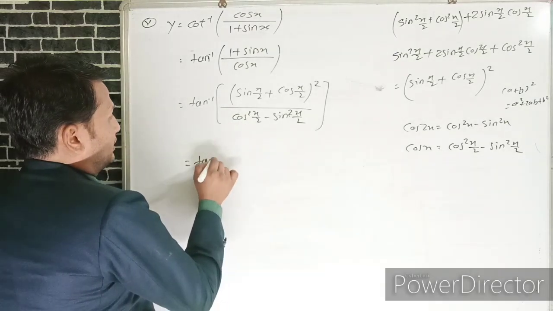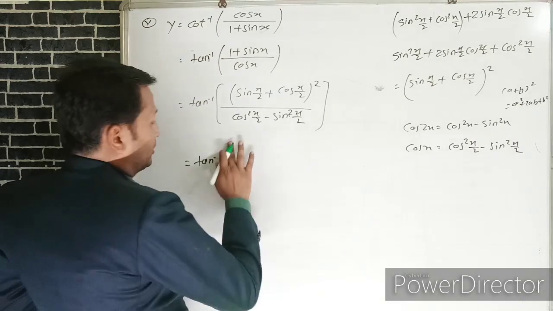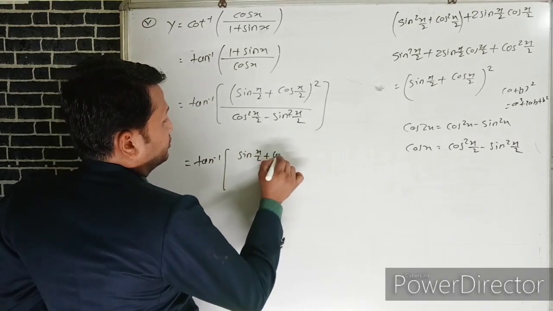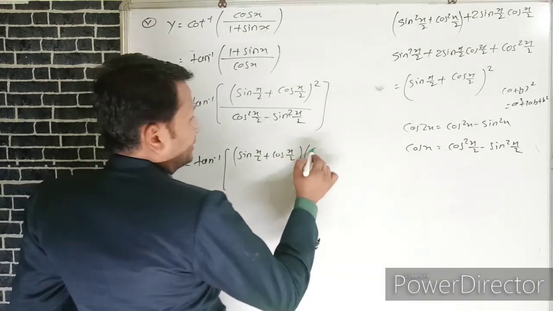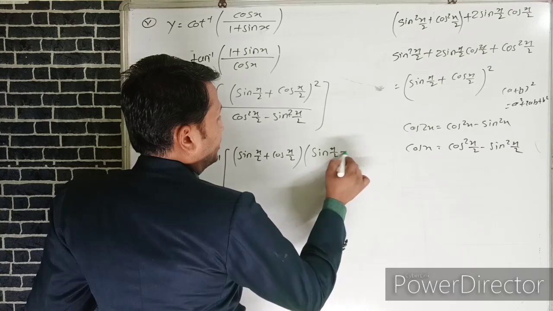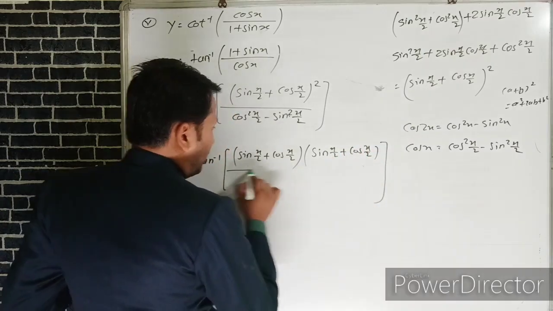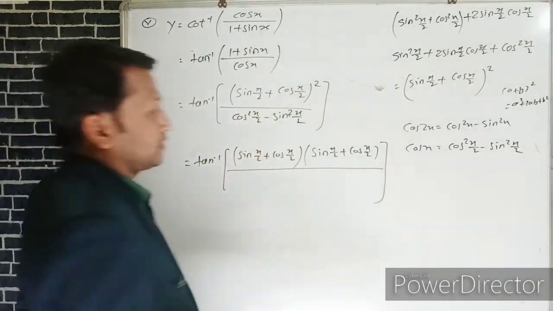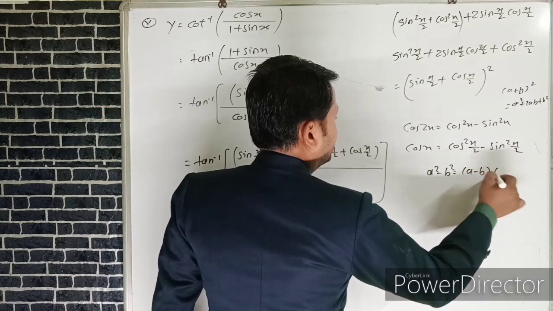Now tan inverse of sin of x by 2 plus cos of x by 2 whole bracket square means sin of x by 2 plus cos of x by 2 into again sin of x by 2 plus cos of x by 2, upon this form, which is a square minus b square. We know that a square minus b square is a minus b into a plus b.